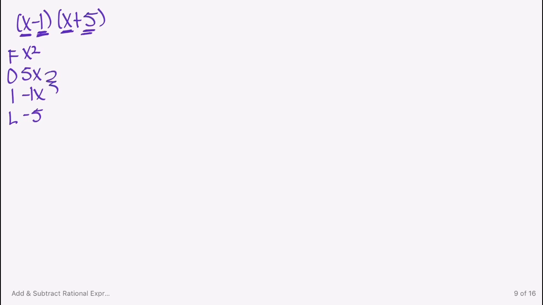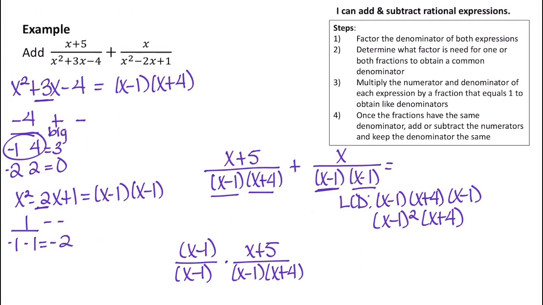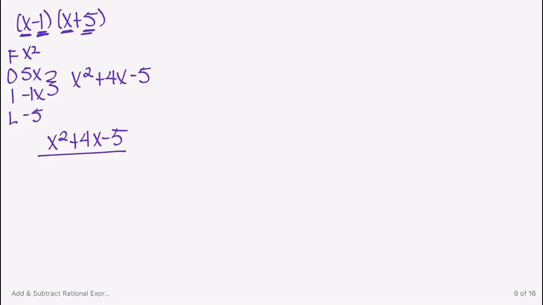Remember, the two middle terms will combine when we add up all these terms. So we have x squared, 5x minus 1x is going to be plus 4x, and then minus 5 at the end. So the numerator is going to become x squared plus 4x minus 5, and then the denominator is going to be that common denominator that we figured out, so that x minus 1 squared times x plus 4.